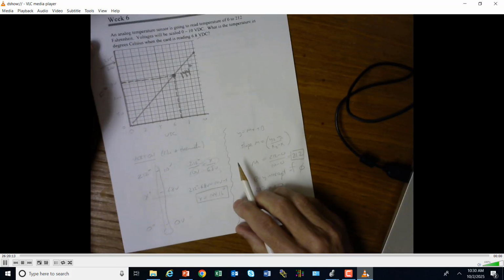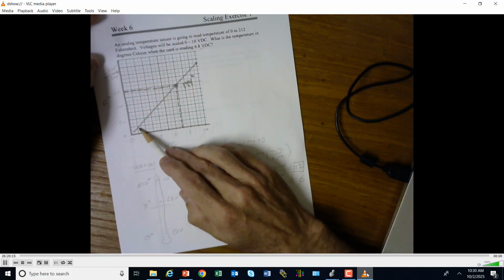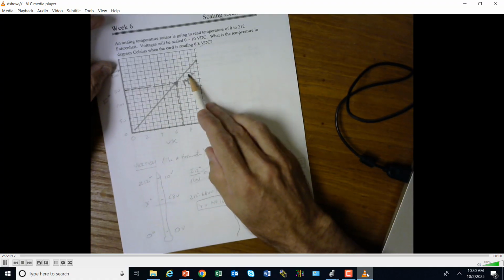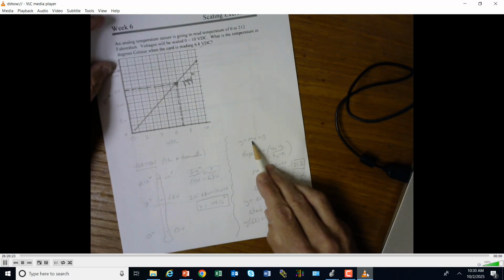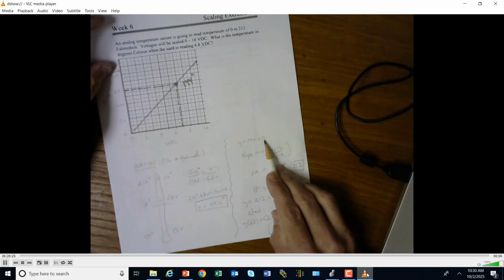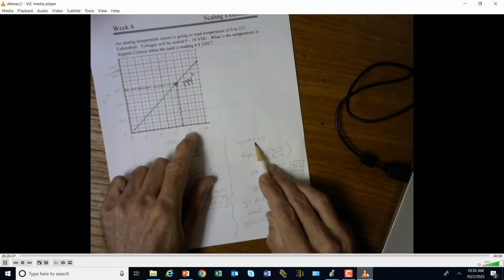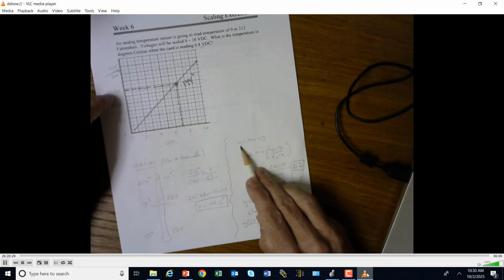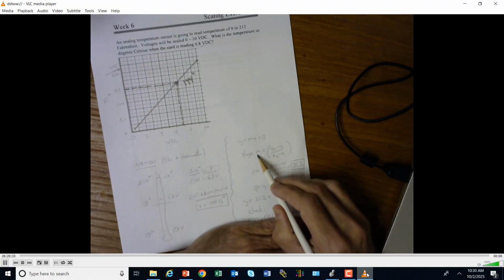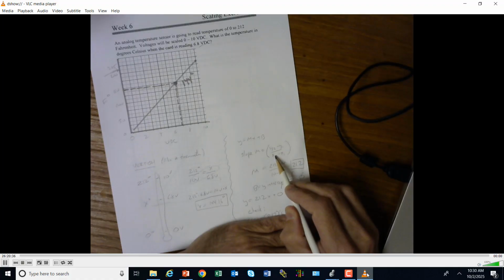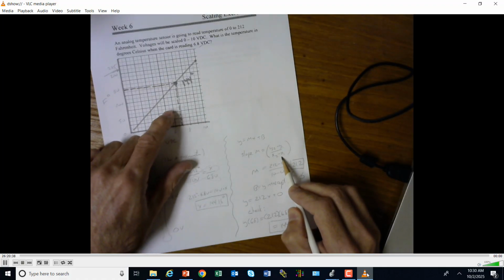But to understand what's going on a little better, this is a linear line, and so therefore it has the equation y equals mx plus b, where m is your slope and b is your y-intercept. X would be my axis here, DC volts. Y would be my axis here of temperature. So my slope is y2 minus y1 over x2 minus x1.